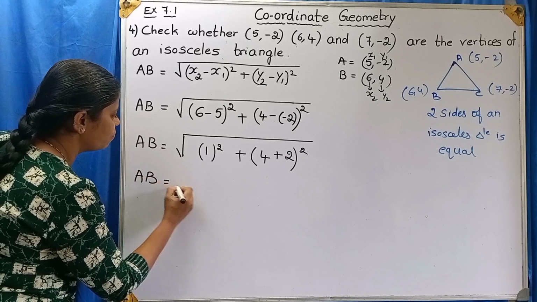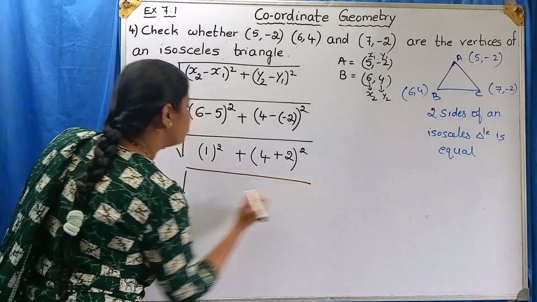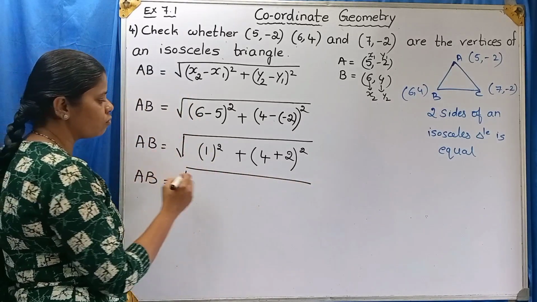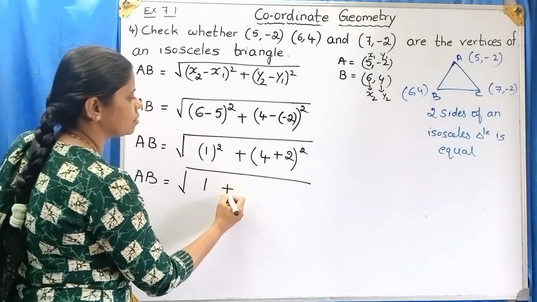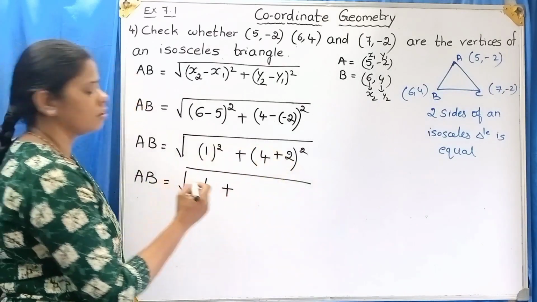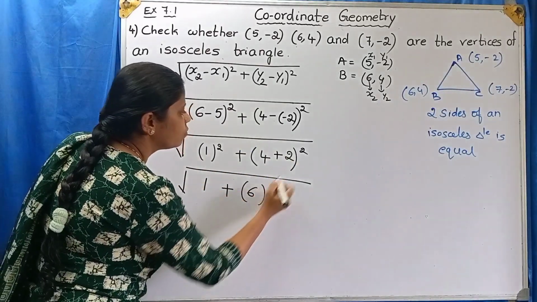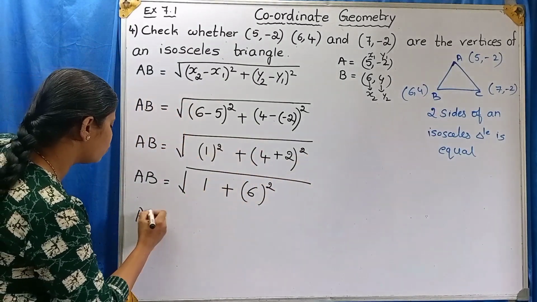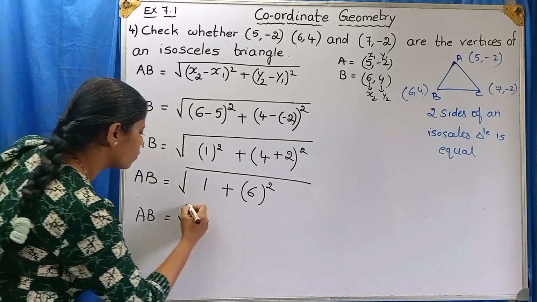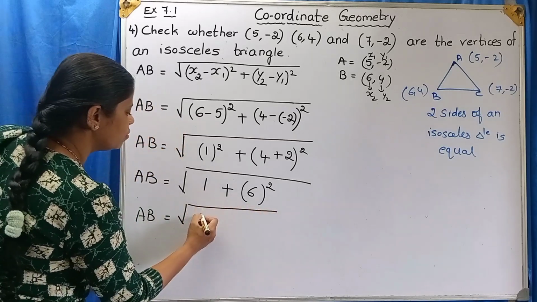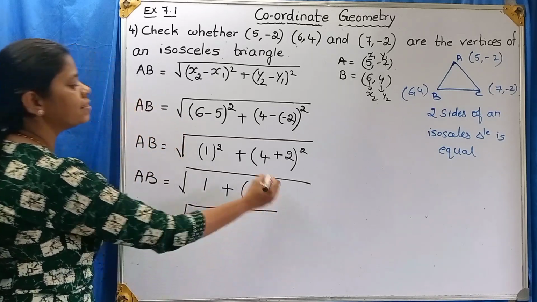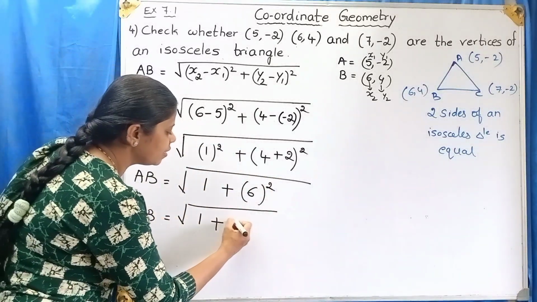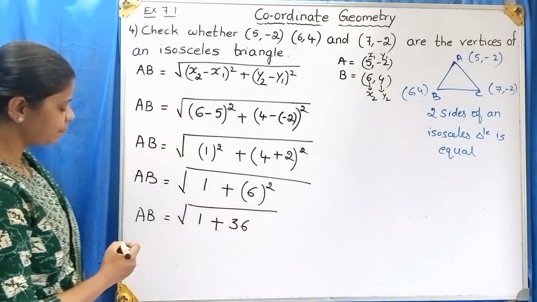AB is equal to the square root of 1 square is 1, plus 6 square is 36.